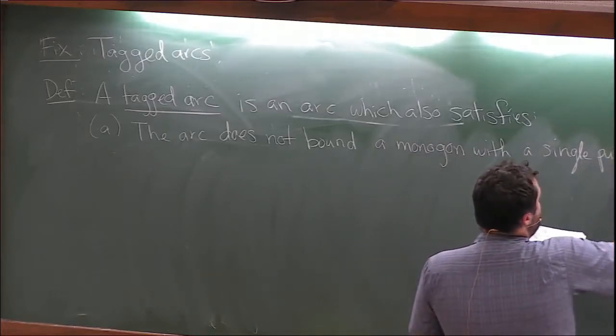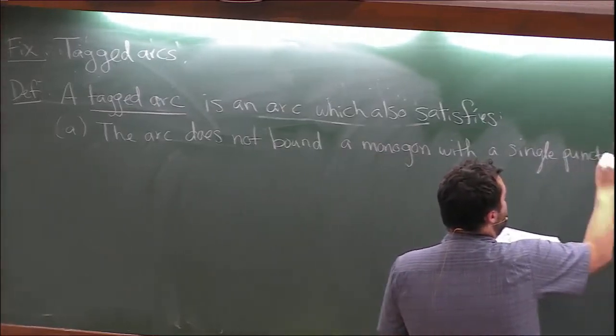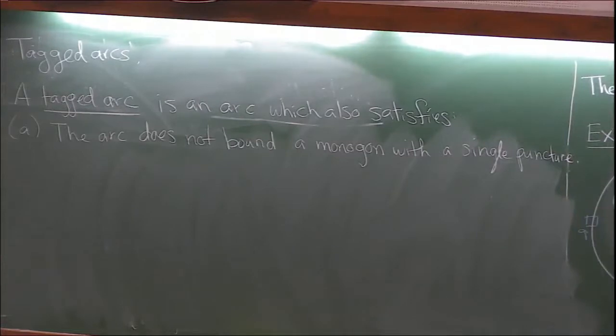See, this condition is exactly to forbid this kind of thing. So if I remove this arc here, this bounds a one-sided figure with a puncture. Okay? So I don't want this kind of thing to happen, so I'm going to replace this with something that's not a loop like this, but something that has a tag. Okay, and I'll mention this in a second.